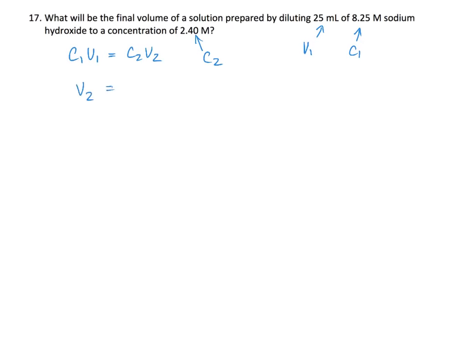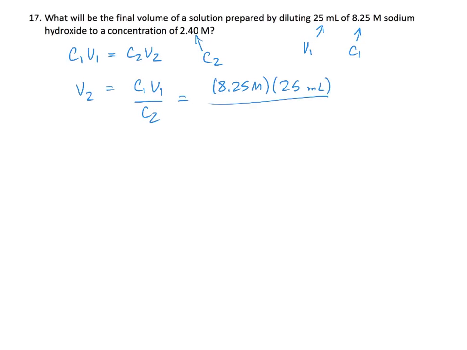So V2 will be equal to C1 V1 over C2 equals concentration 1 is 8.25 molar. Initial volume is 25 milliliters.